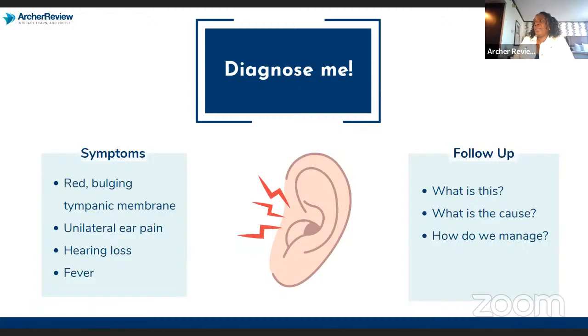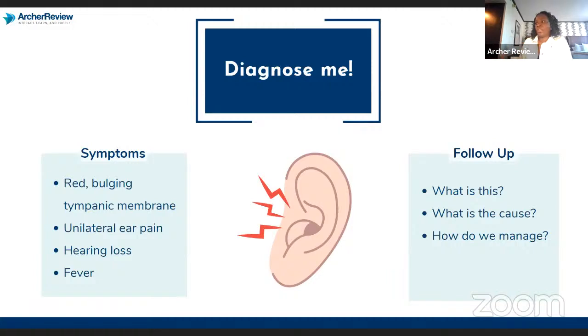Now, how do we know if this is acute otitis media, AOM, or if it's not acute, but otitis media with an effusion, OME? What we would do is an otoscope examination. Upon examination, when you're using your otoscope, if the TM, the tympanic membrane, is bulging, it's acute otitis media.